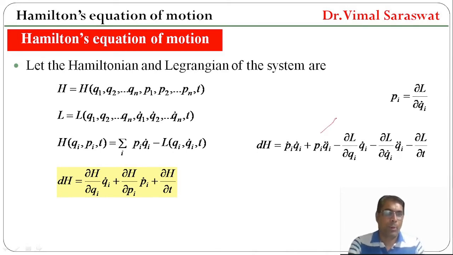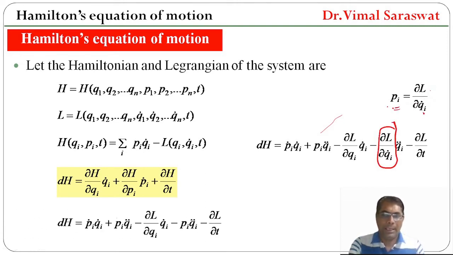Now canonical momenta pi is equal to del L upon del qi dot, so we can replace this del L upon del qi dot by pi. So dH equals pi dot qi dot plus pi qi double dot minus del L upon del qi into qi dot minus pi qi double dot minus del L upon del t.